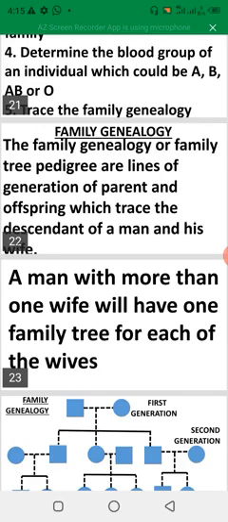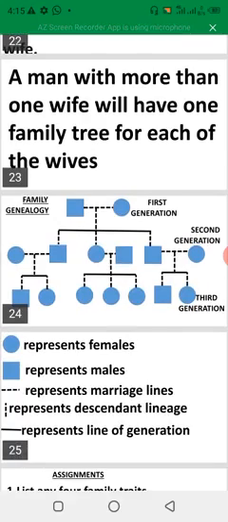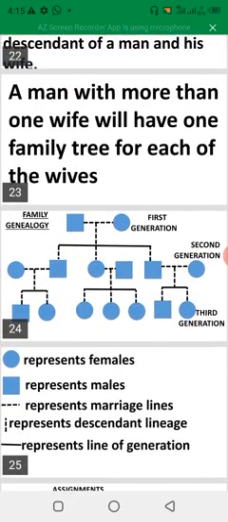The family of the father and the family of the mother from the beginning is called the family genealogy. So if a man has more than one wife, what will happen? Each wife will have a family tree.